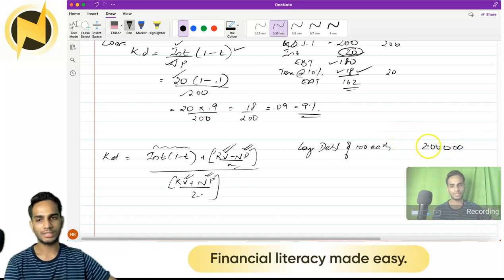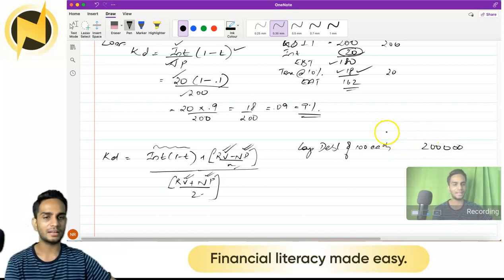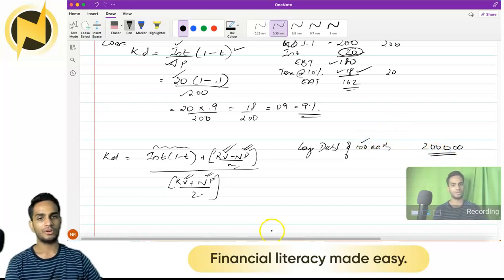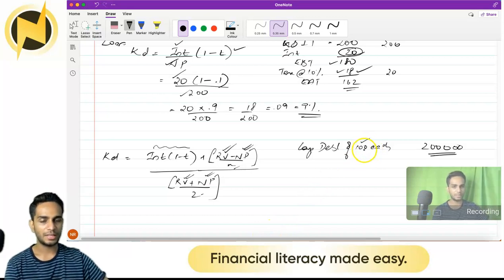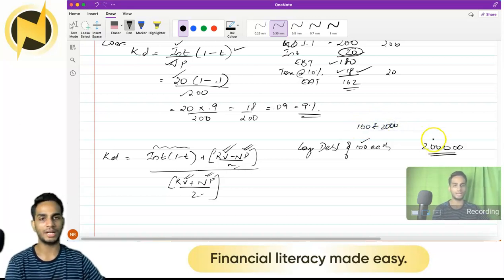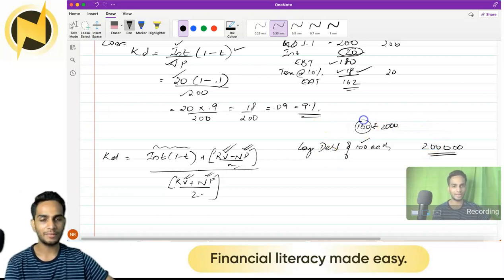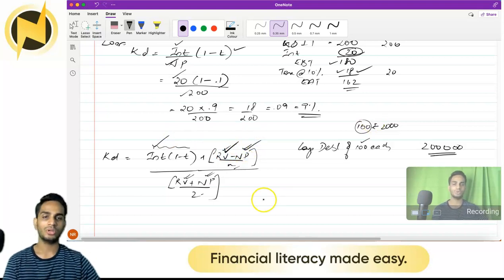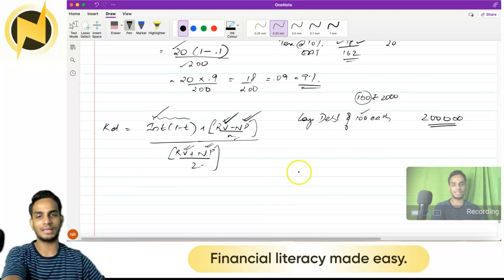They issued it for 2 lakhs. Now here you can either take debenture net proceeds as 2 lakhs or as 100. If you are taking it as 100, that is the single debenture value. So 100 rupees debentures, they issued 2,000 of them, that's how they generated 2 lakhs, right? So either take 100 and calculate interest for that 100, do redemption value of that 100, do net proceeds of that 100 and everything.